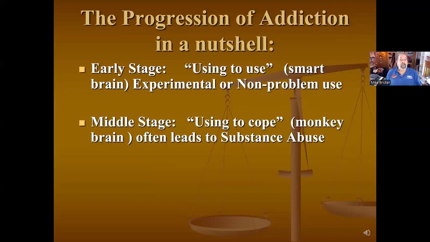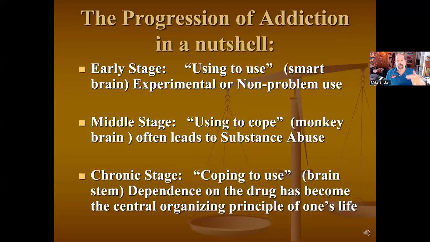Now I'm using in order to cope. And so as the progression of the disease advances, gradually it becomes my number one coping strategy because it works better than anything else right up until it stops working at all. This usually involves the monkey brain, which is we're going to spend a good deal of time today.